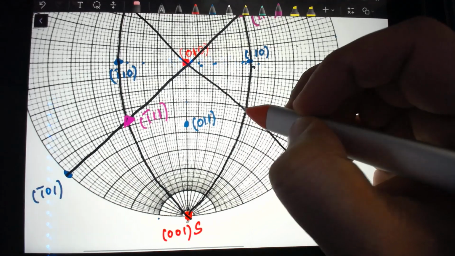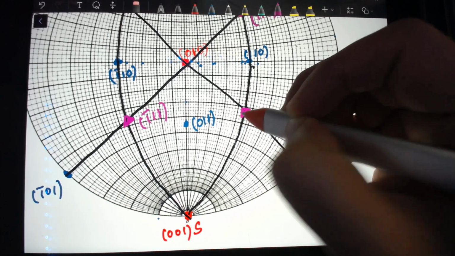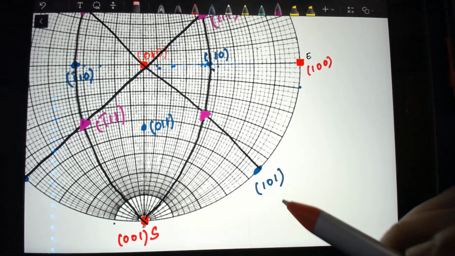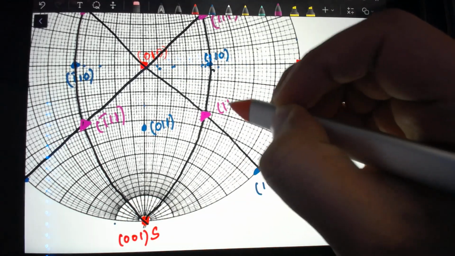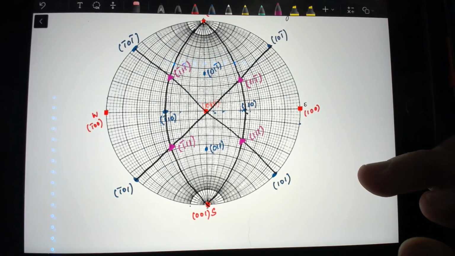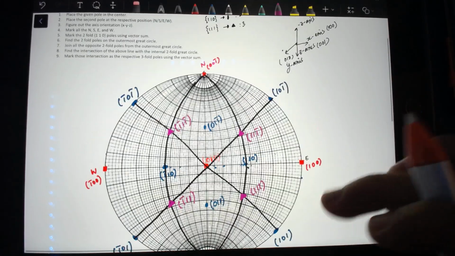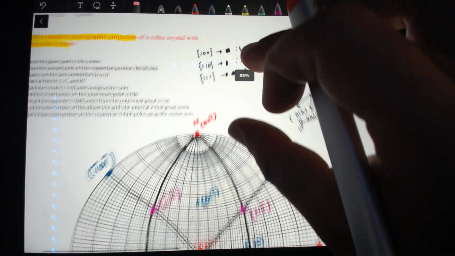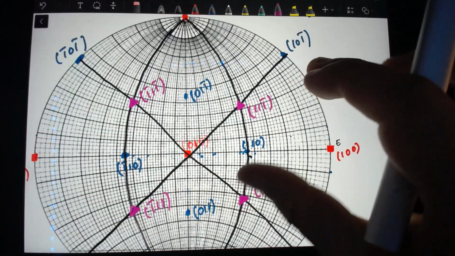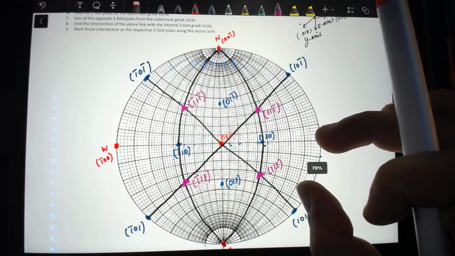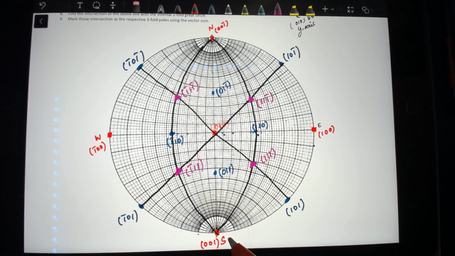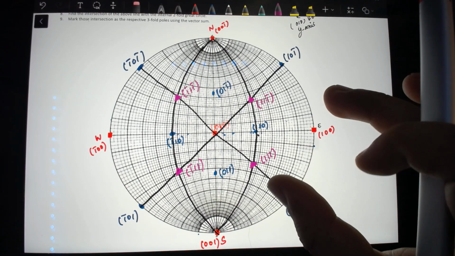And then the one over here becomes the sum of 1, 0, 0, 1, 0 and 1, 0, 1. And that gives you just 1, 1, 1. All right, and this is all the major poles in these families that will exist on this side of the stereographic projection, where 0, 1, 0 was in the center and 0, 0, 1 was in the south pole.